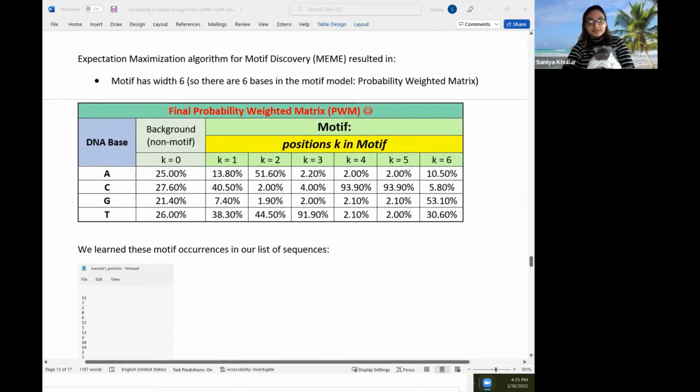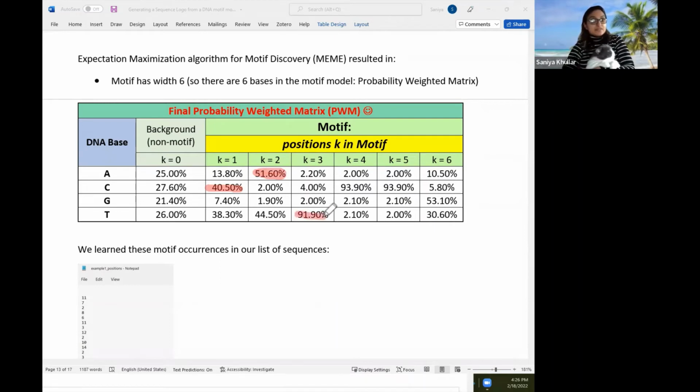So we can get an idea if we just look at the highest one. We could say, it looks like in the first position of the motif we have a 40.5% chance of a C there. In the second position of the motif, we have a 51.6% chance of an A. So that's the highest here.